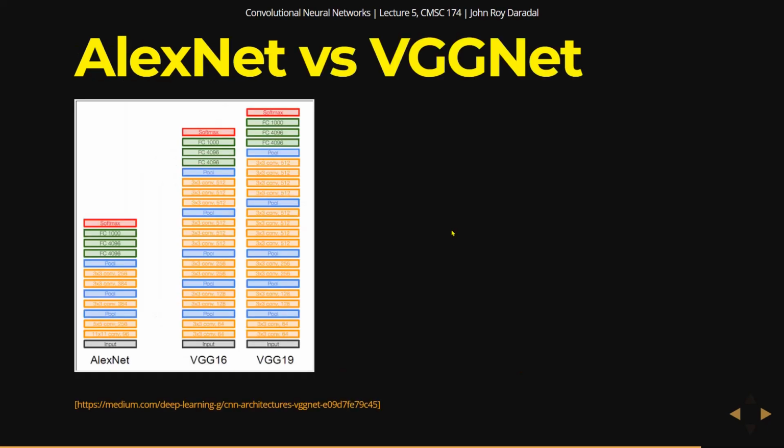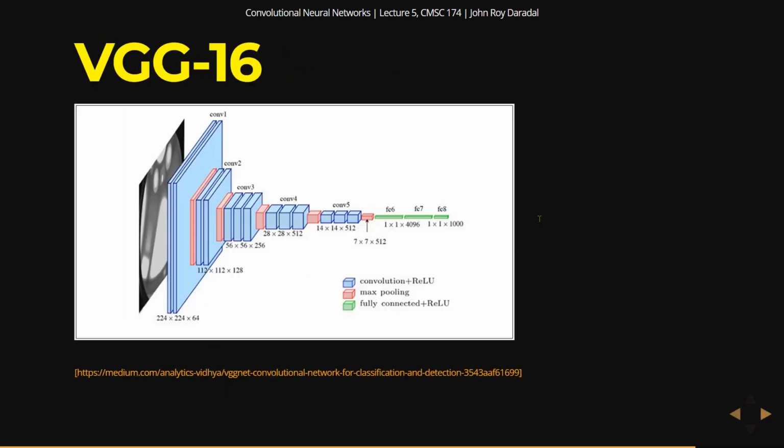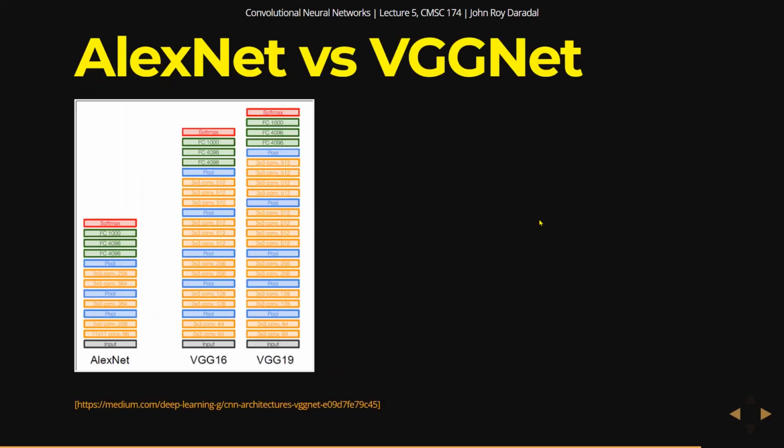Okay, so let's take a look at the architecture and compare it with AlexNet. AlexNet had different filter sizes, right? You have the 11 by 11, 5 by 5, 3 by 3, and then the max pool all has 3 by 3. But in VGGNet, they were all homogeneous or uniform. All of the conv filters are 3 by 3.